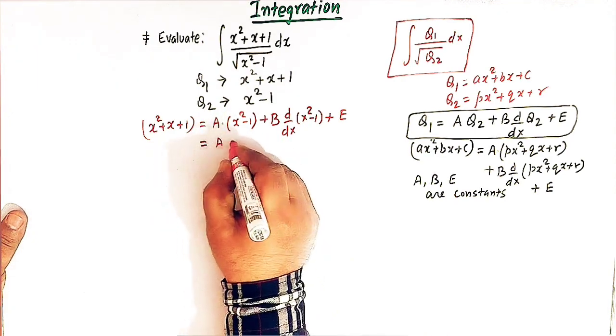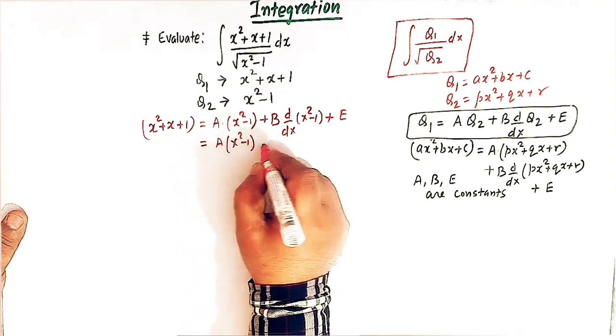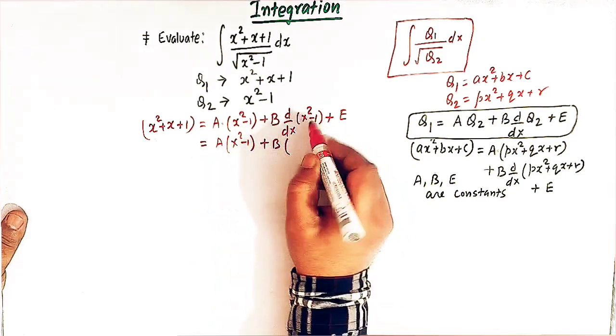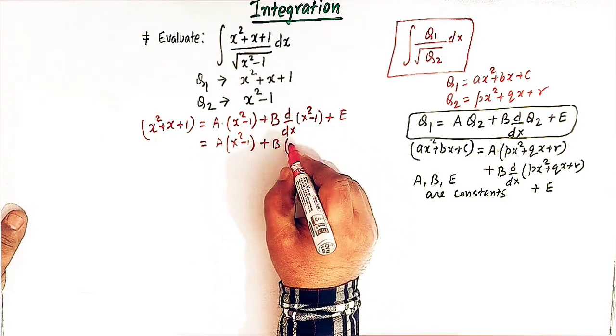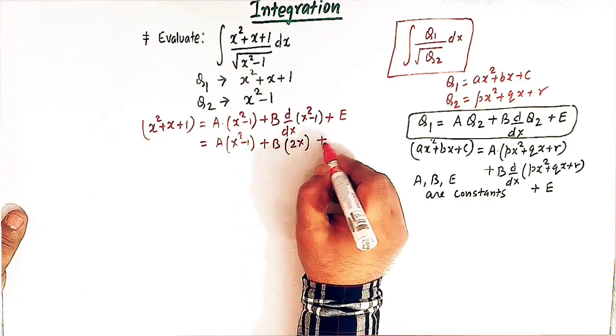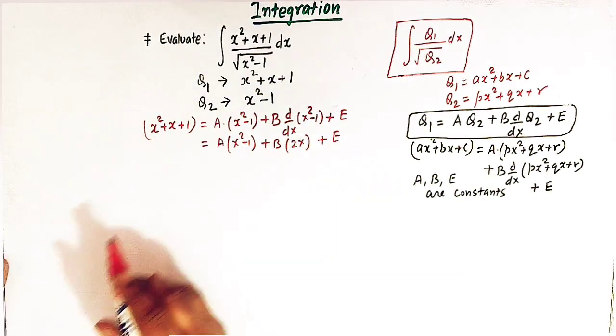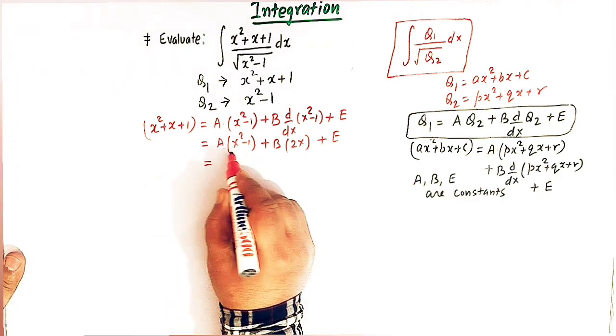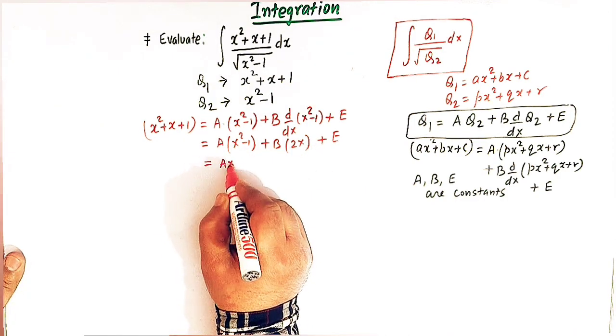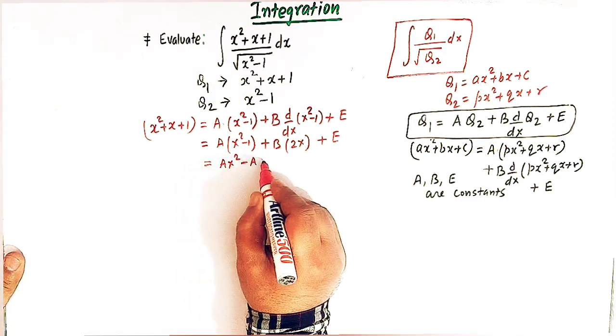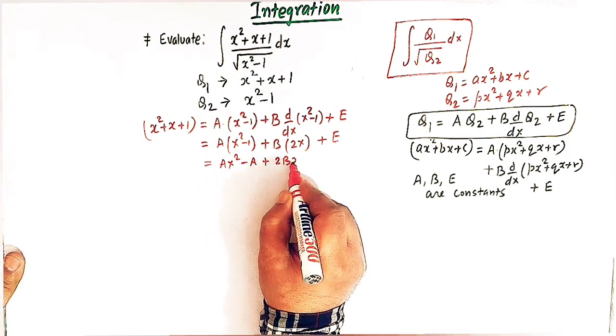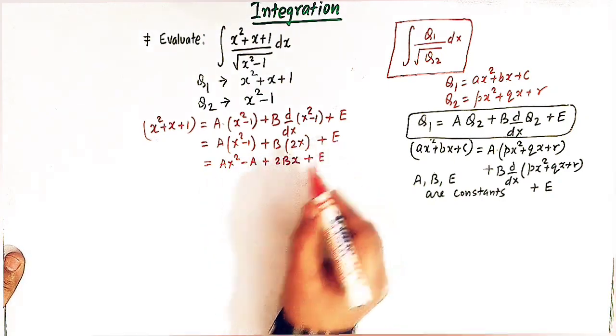So we have a times x square minus 1. Here we have b times the derivative of x square minus 1 is simply 2x, and here we have e. So now let us rearrange the terms here. So we have ax square minus a plus 2bx, and here we have e, right?